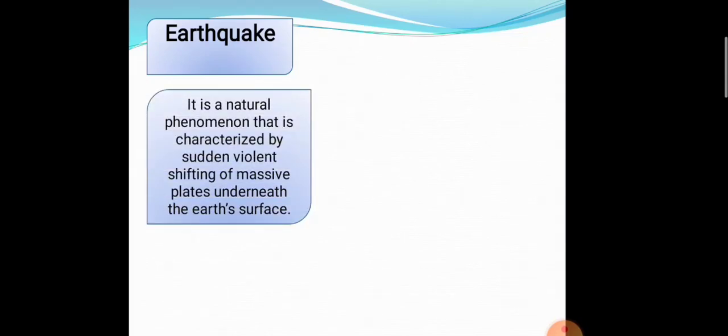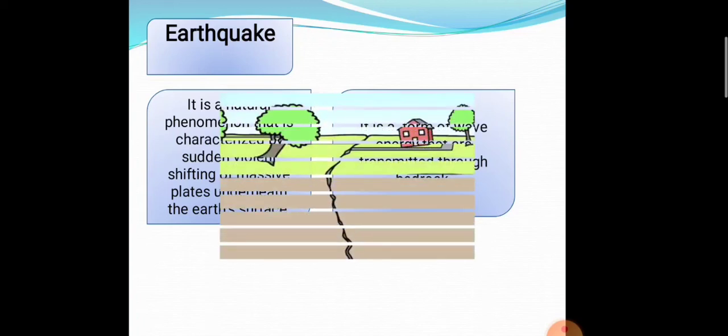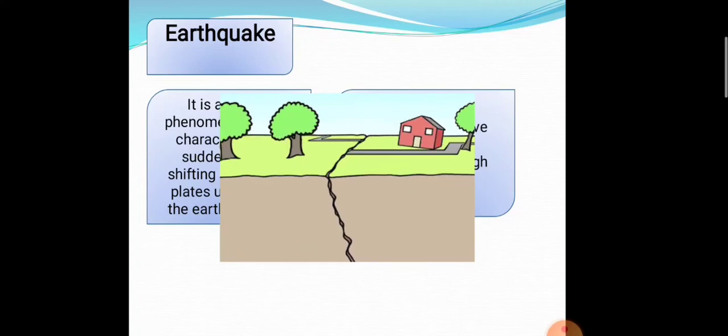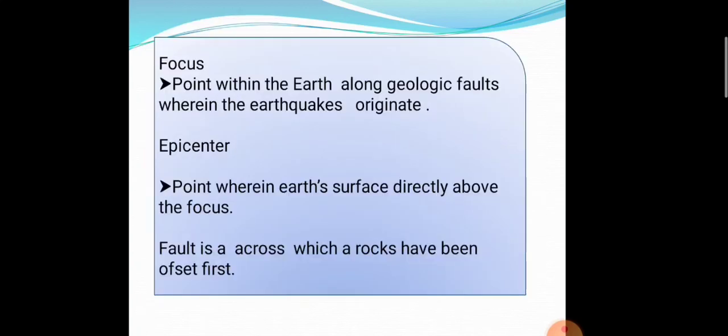It is a natural phenomenon that is characterized by the sudden violent shifting of massive plates underneath the Earth's surface. So it is a form of wave energy that is transmitted through bedrock. So as you can see in the picture, the focus is within the Earth along the geologic faults wherein the earthquake originates.